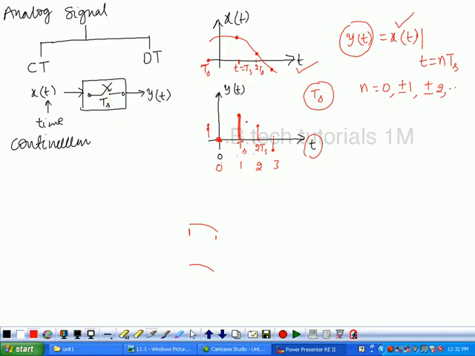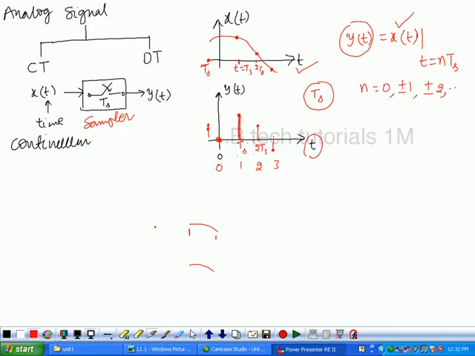So the process of converting a continuous time signal or analog signal to a discrete time signal is called sampling, and this particular switch is simply called the sampler. The sampler is the switch. It is opened and closed at equal intervals of time.